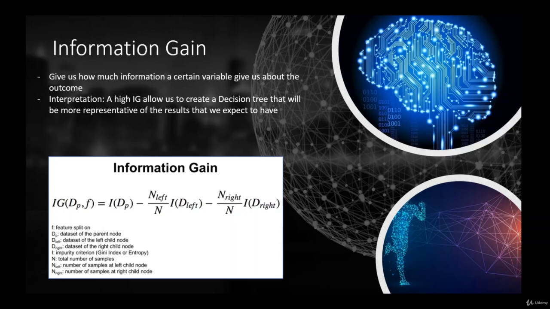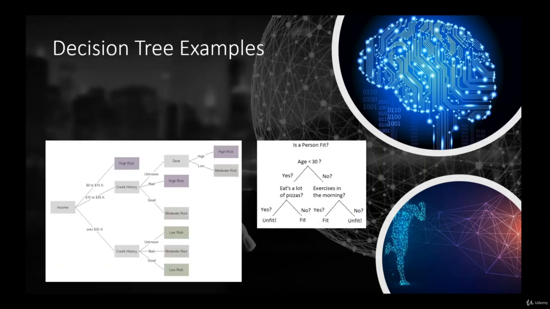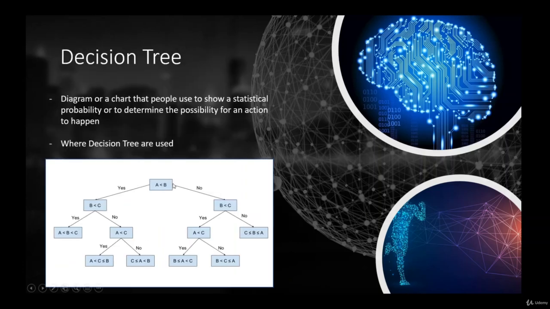And to interpret it, it's pretty simple. A high information gain allows us to create a decision tree that will be more representative of the results that we expect to have. So basically, if we come back to our decision tree right here, and let's say this outcome right here has an information gain of 0.9.